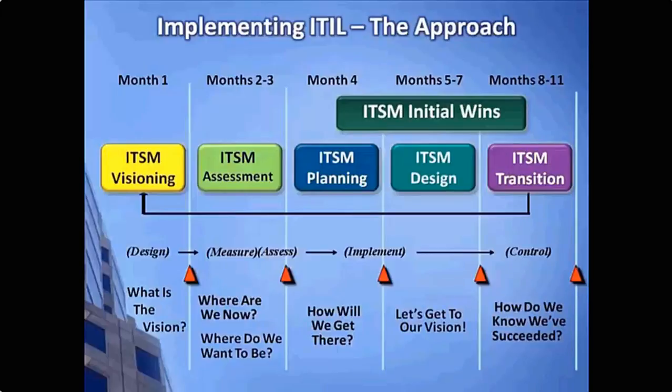Then we will implement some initial win projects, of which there will be some design efforts and eventually a transition into some kind of production state. After we're done with all of this, we will then measure where we're at, and we'll recircle around and start the whole process again. Again, we covered this approach at a high level in module number 1, and now in module number 2 we'll be focusing on the ITSM visioning step.